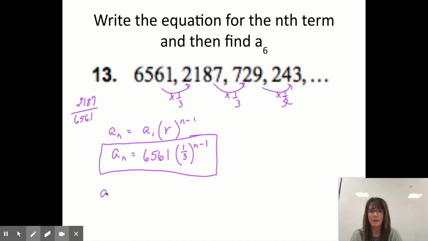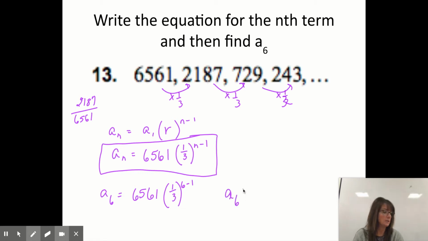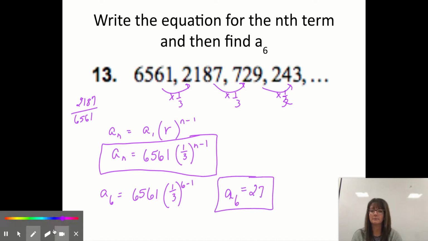Now to find a sub 6, we substitute in 6 minus 1. So you'll want to take 1/3 raised to the 5th power, take that times the 6,561, and I got 27. So hopefully you can get that to work out as well.